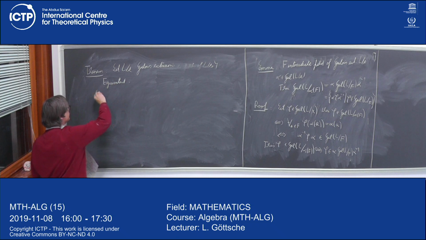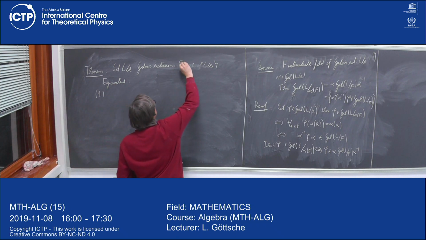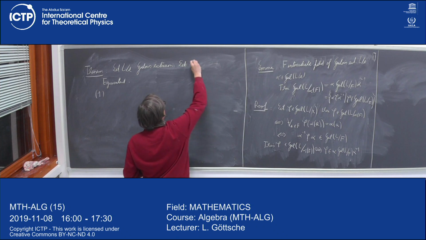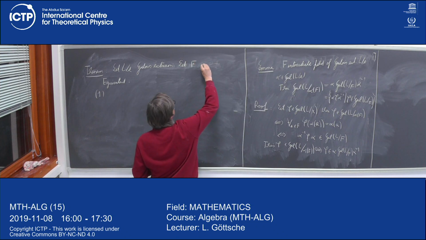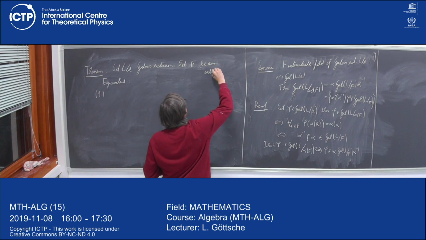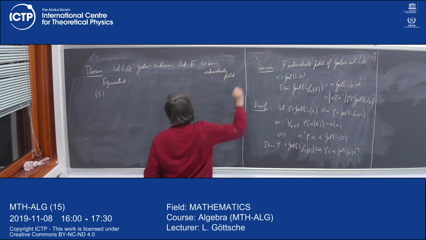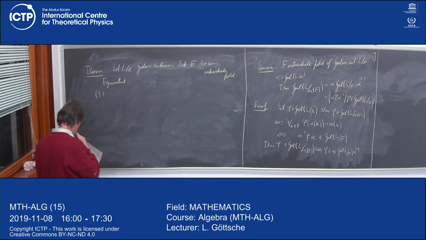So first, and that's F an intermediate field, F over K is normal.